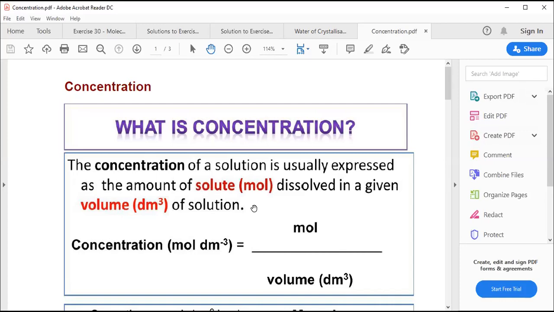And your amount of solute, that is number of moles, the units are moles, and your volume must be in dm cubed or cubic decimeters. And 1 cubic decimeter is the same as a liter.